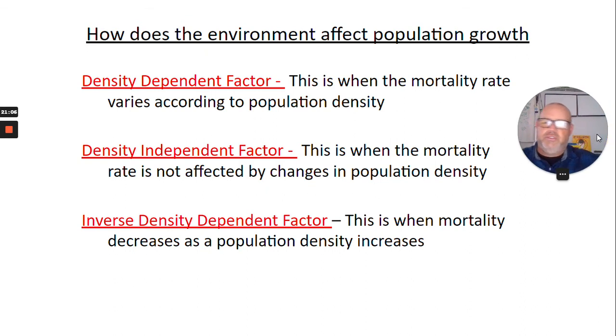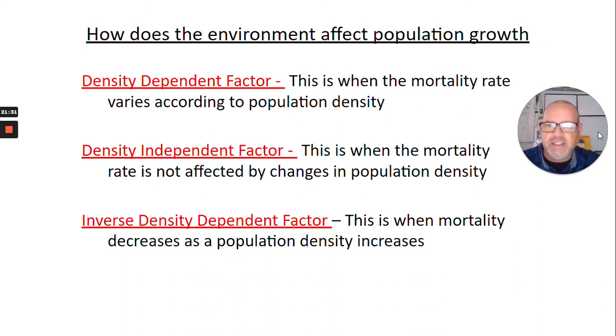More terms you should have seen in regular bio: density dependent and density independent factors. Dependent is when the mortality rate varies according to population density, and density independent is when the mortality rate is not affected by changes in density. Density dependent factors are things like disease, COVID, right?